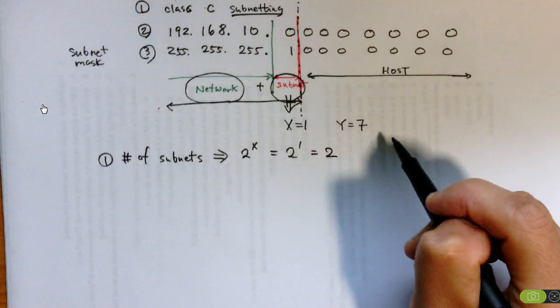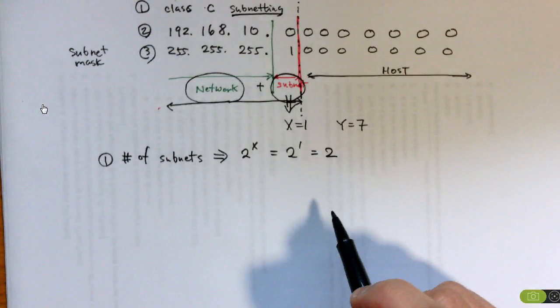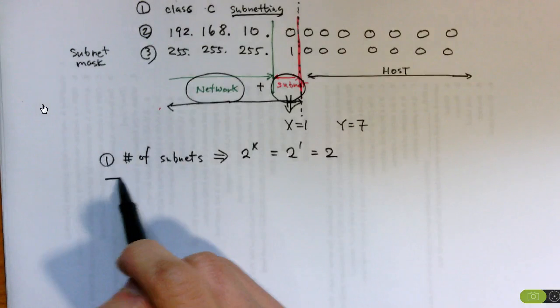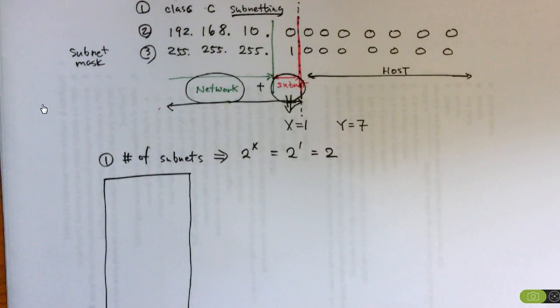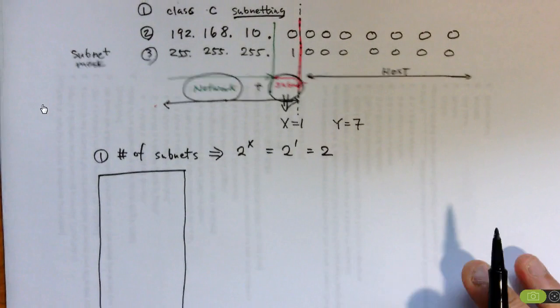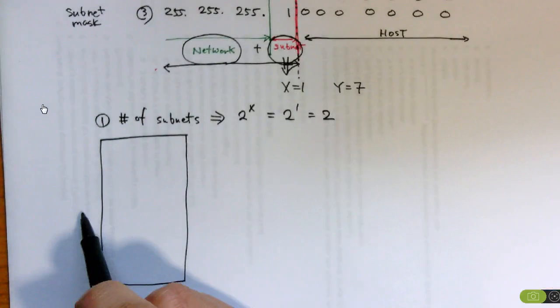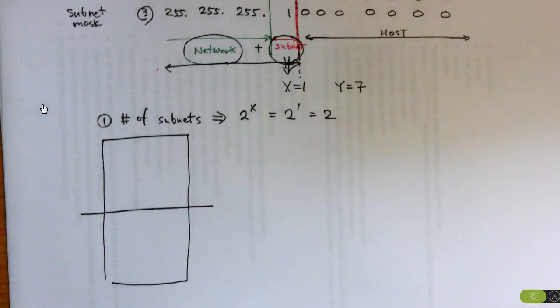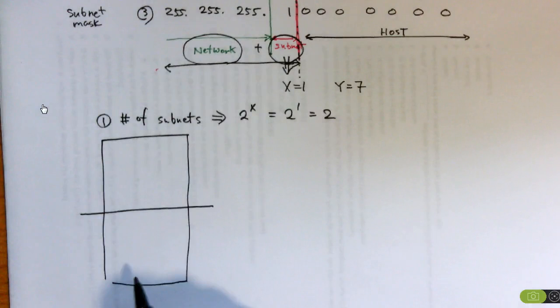Basically, let's say this is like one big bucket, but since we have 2 subnets, we can divide it into 2 different pieces. This is subnet 0 and this is subnet number 1.